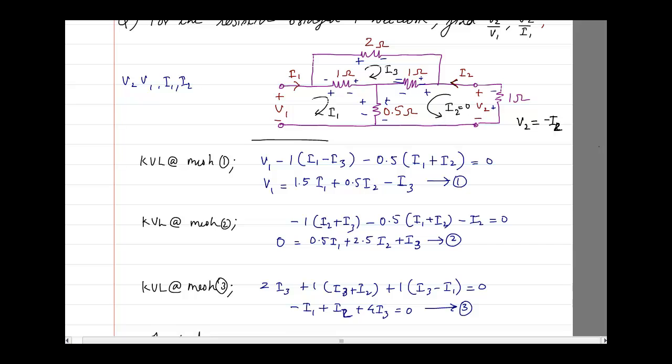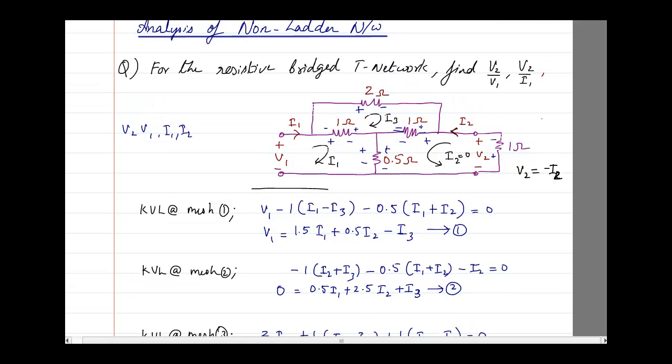Okay. So based on these three equations, now what does the question say? Let me write the initial question: V2 by V1, V2 by I1, I2 by V1, and finally I2 by I1. Correct? So let us do one by one.